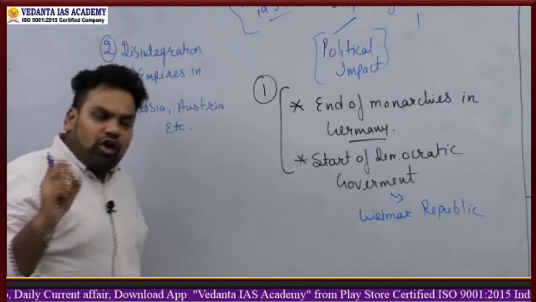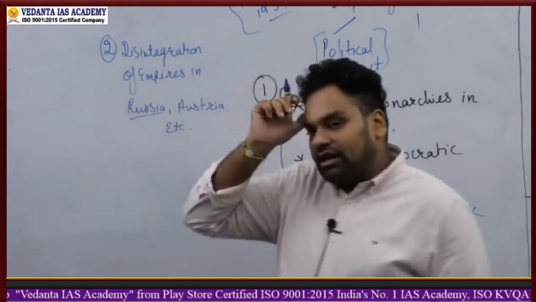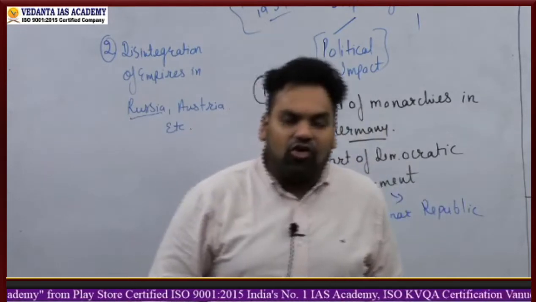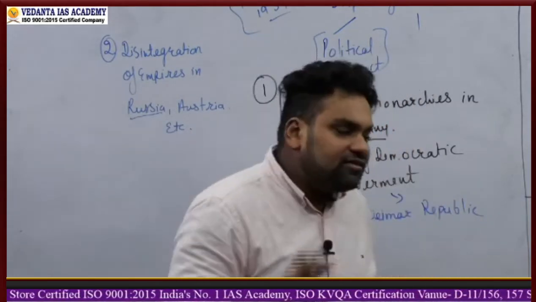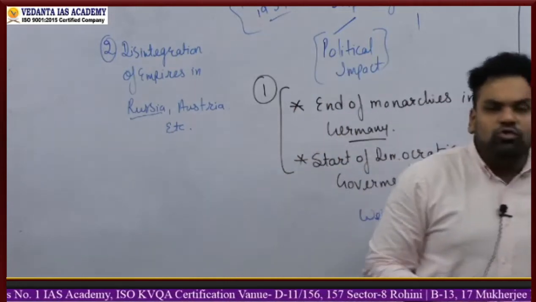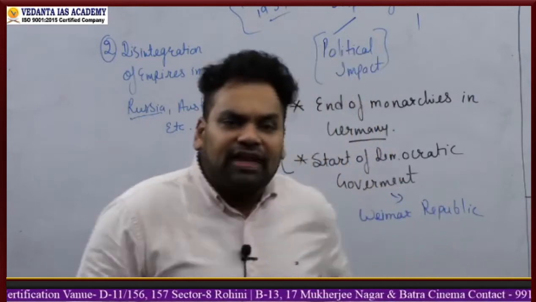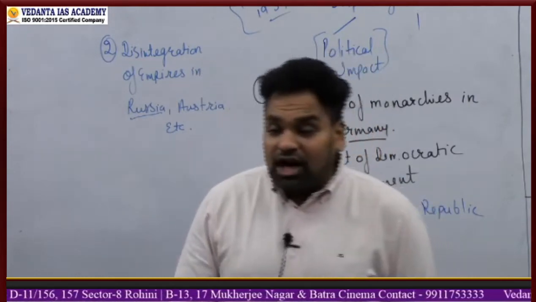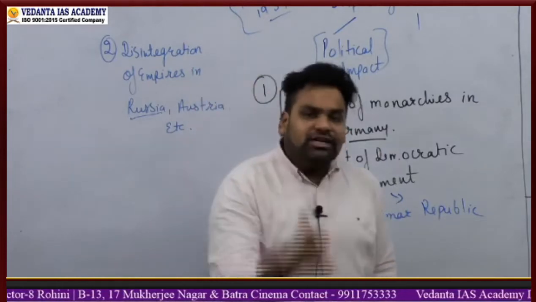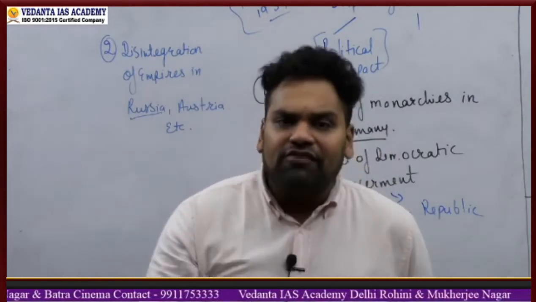Whoever king was ruling in Russia, the name of the king ruling at this particular time was Tsar Nicholas II. So Tsar Nicholas II, when he was ruling in Russia, till 1917, was not able to properly look after his people.